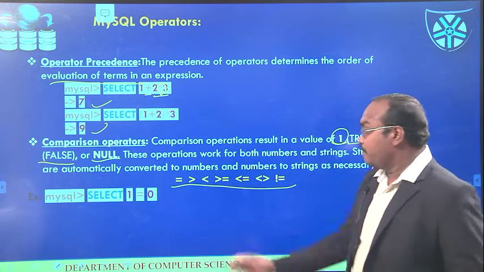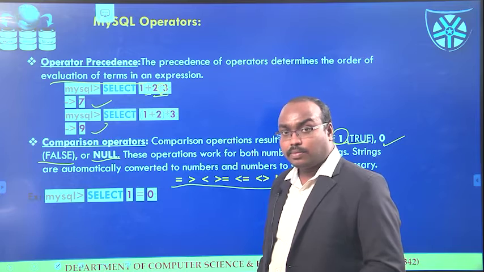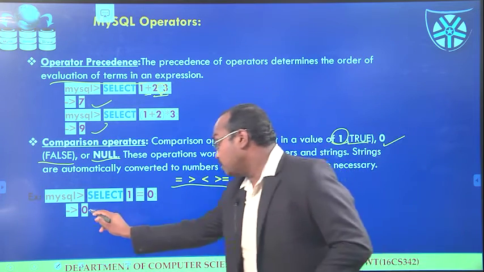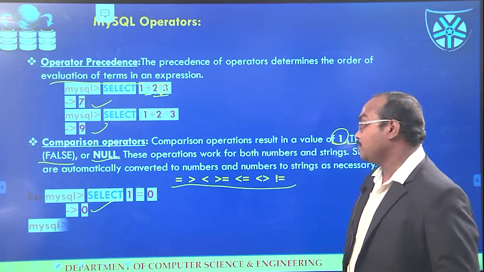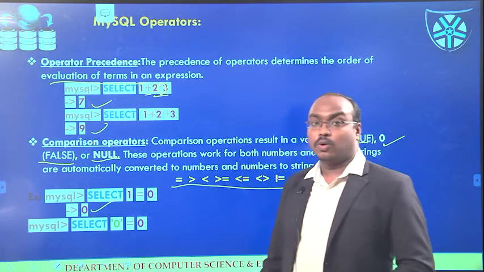Let us take an example. First, select 1 = 0. Is it true or false? It is false, so it returns 0. And the next one, select '0' = 0.